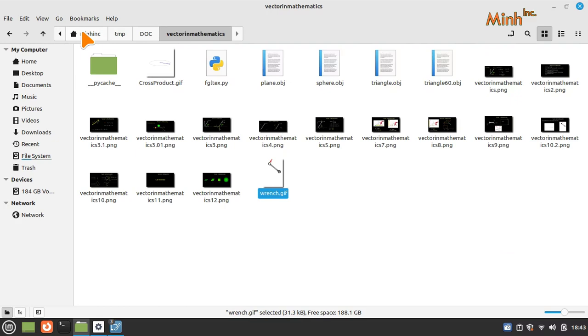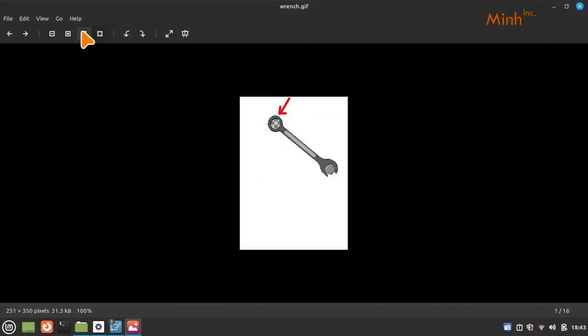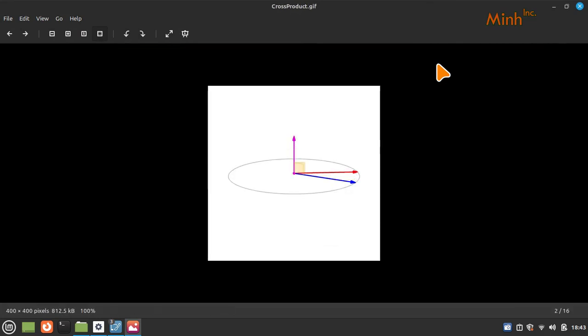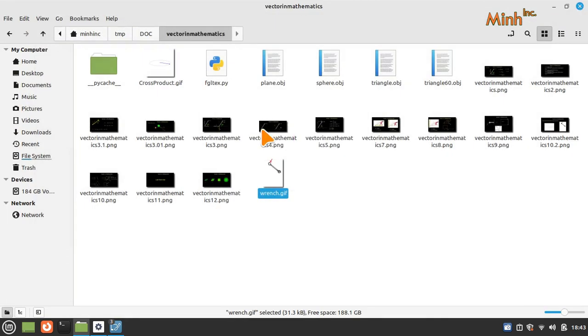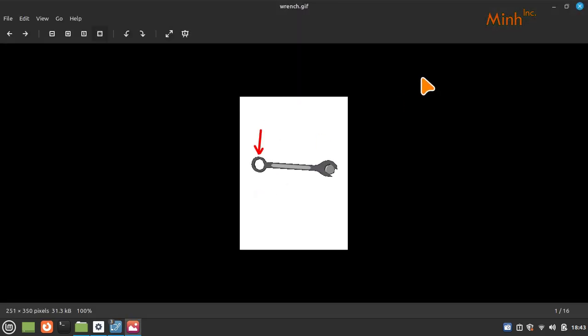Okay, so first we will see this. Energy is applied perpendicular to the direction of the wrench, and it is kind of opening the bolt. So the normal is perpendicular, in the positive direction of Z, and it is opening the bolt.